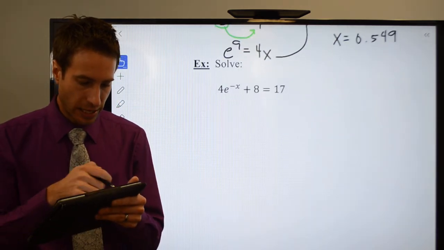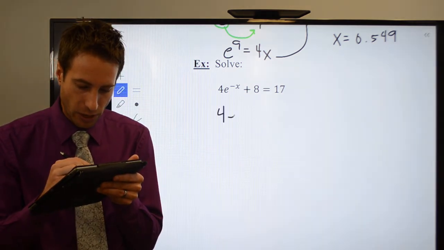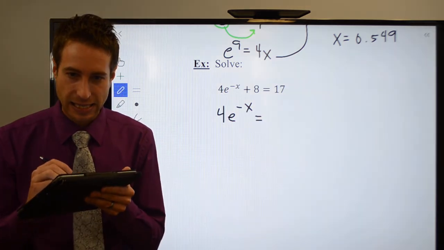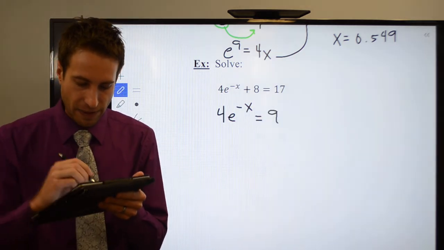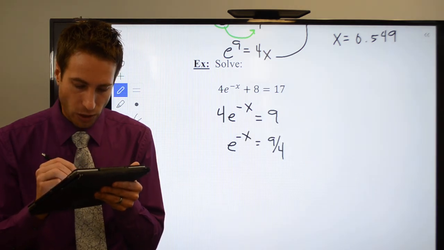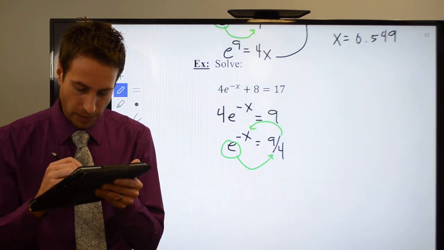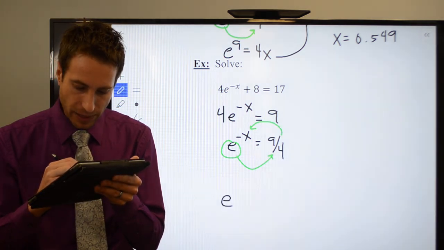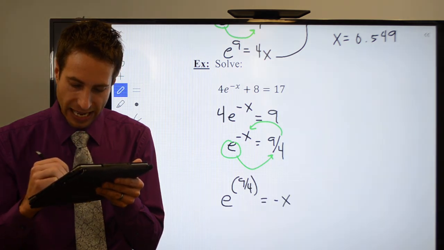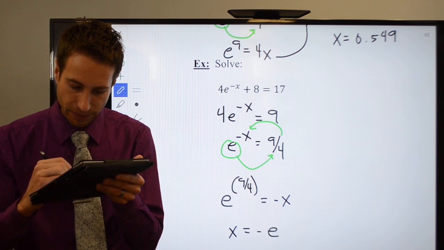All right, one last one here. We're just flying through these because, again, there's not really anything new here. 4e to the negative x is equal to 17 minus 8, which is going to give me 9. Divide by 4, e to the negative x is equal to 9/4. Snail method. I wind up with e to the 9/4 power is equal to negative x. Get that x by itself, move the negative to the other side.